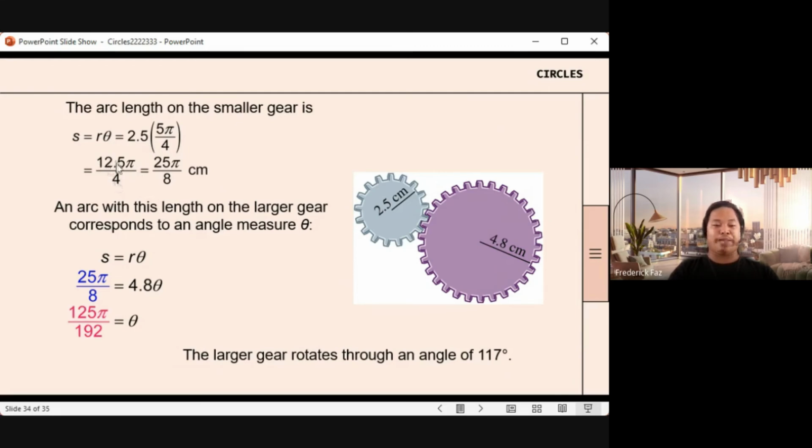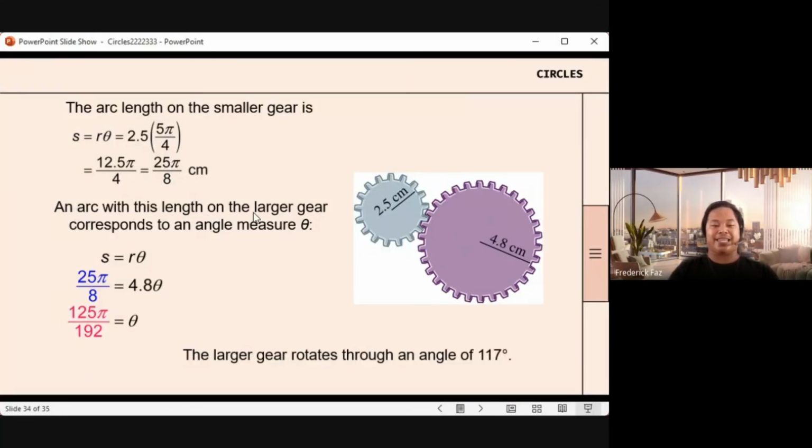Since ito po ay in decimal form, this is also equivalent to 25 pi over 8 po. Since, di ba po, ang 12.5 is equal to 25 over 2, copy 25 pi, and 2 times 4 is equal to 8. So we have 25 pi over 8 centimeters.